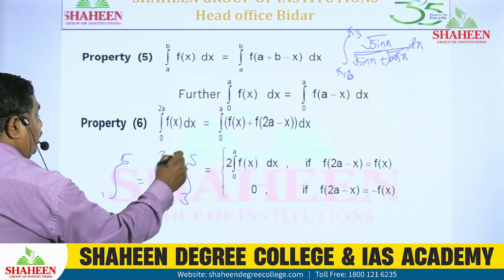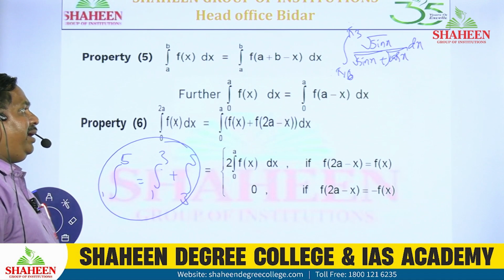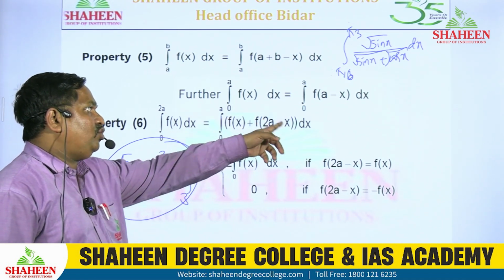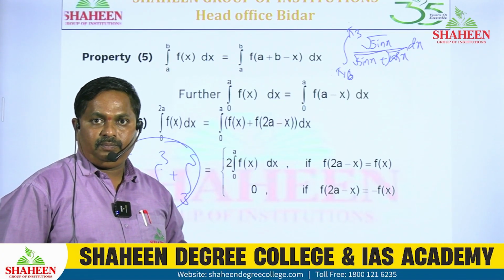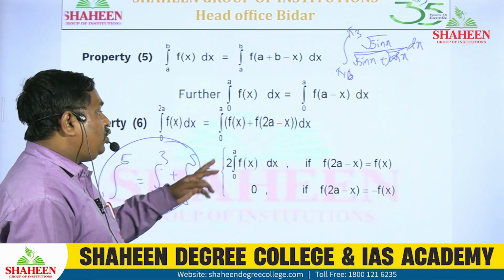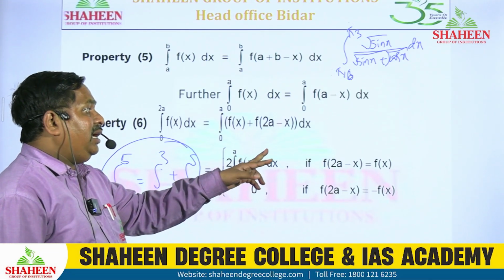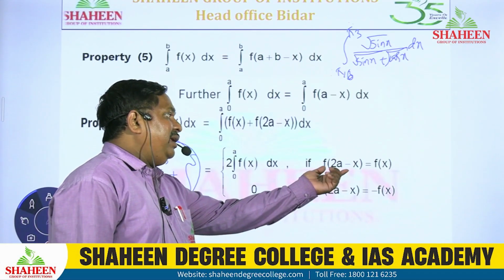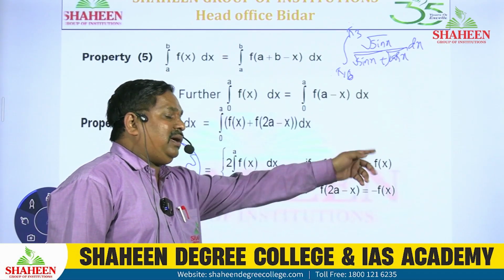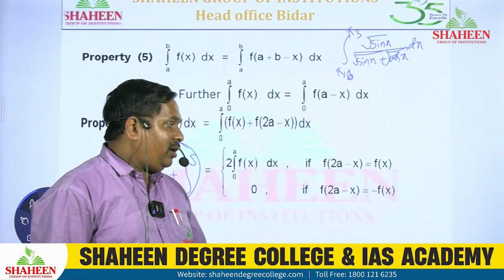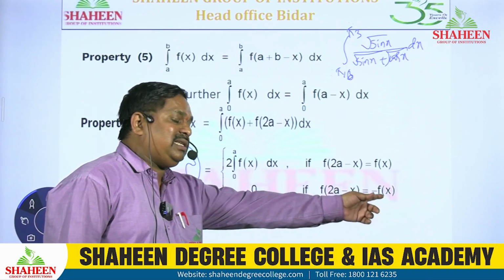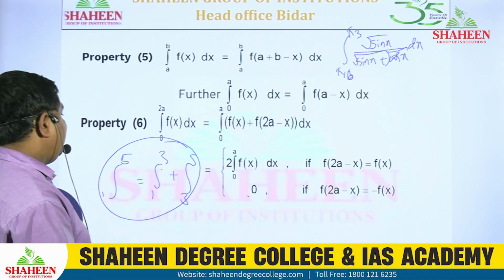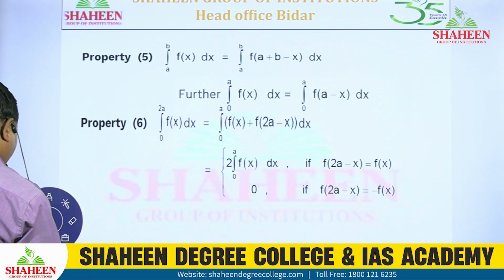If we use the splitting method, we can write this as 0 to a of f of x plus f of 2a minus x dx. Or else we can write 2 times 0 to a of f of x dx if it is an even function, that is, on applying 2a minus x, it becomes plus f of x. Or if we get f of 2a minus x equal to minus f of x, then its value is 0. This is property number 6.